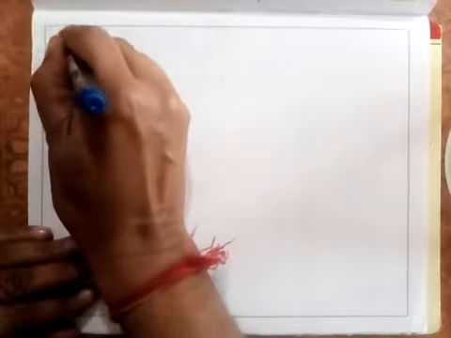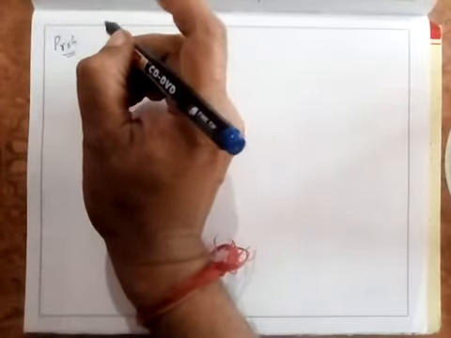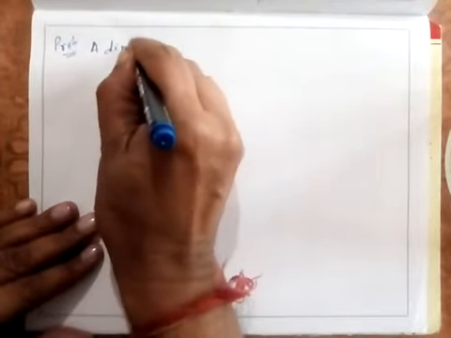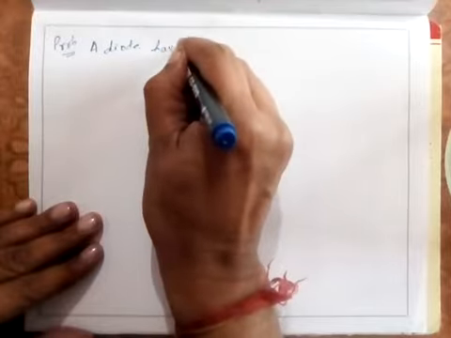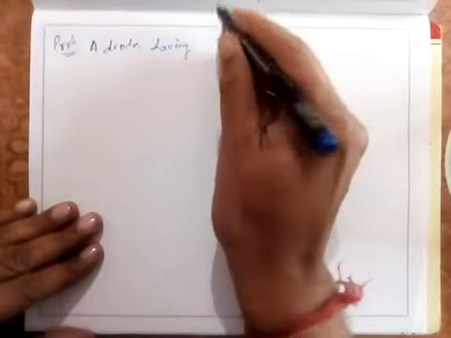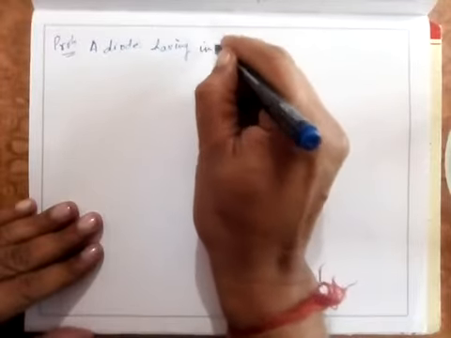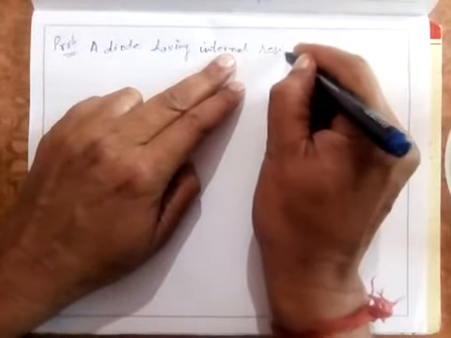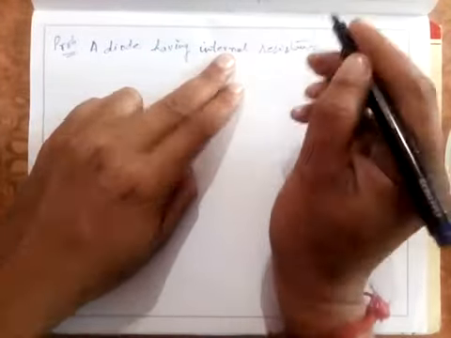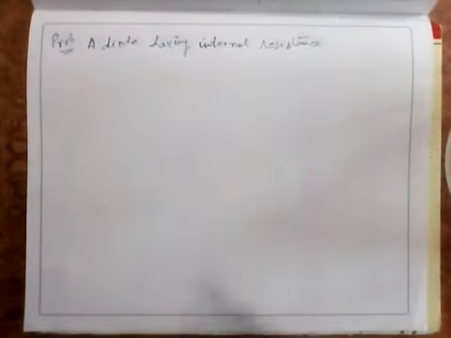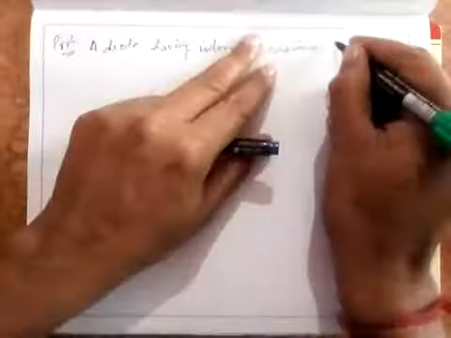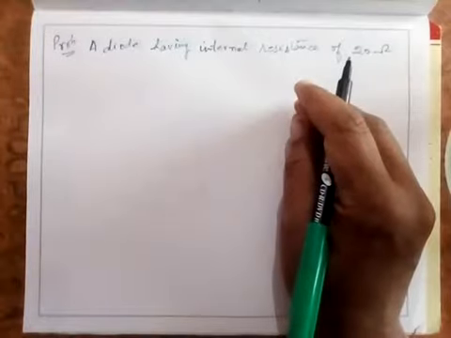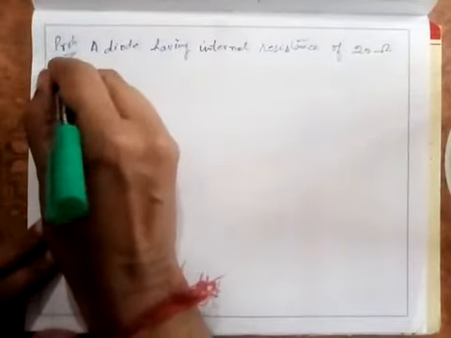Let's write out a numerical problem: a diode having internal resistance, or forward resistance, they are the same thing, having internal resistance of 20 ohm in a half wave rectifier.